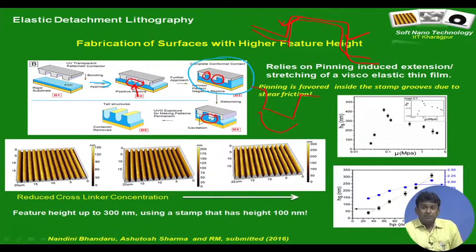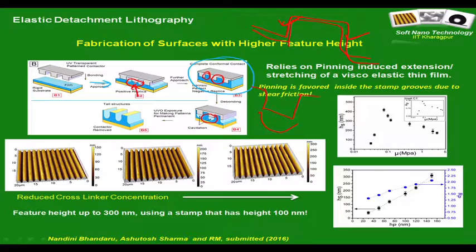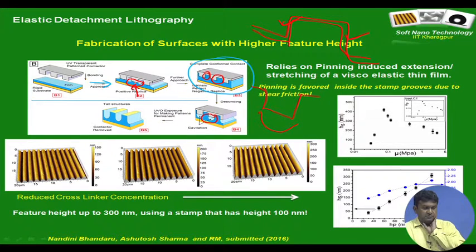So, with a patterned contactor, in principle you can create tall structures, which I have not discussed, but you can imagine that one can do that. But there is also a difference in the pathway between bonding and debonding.